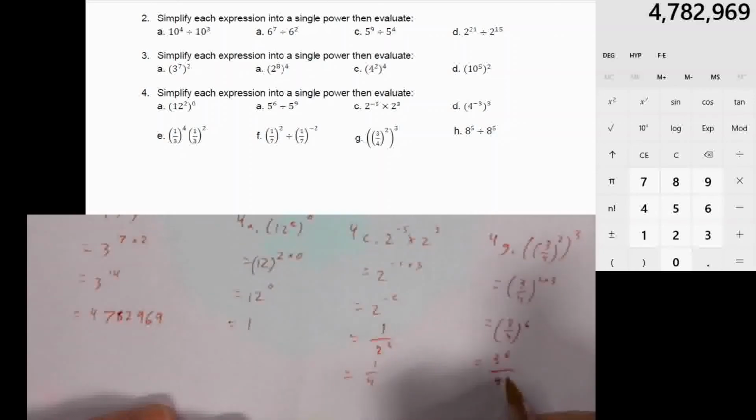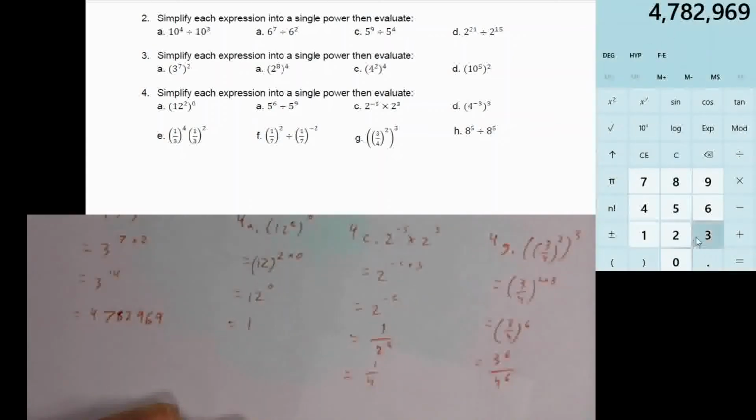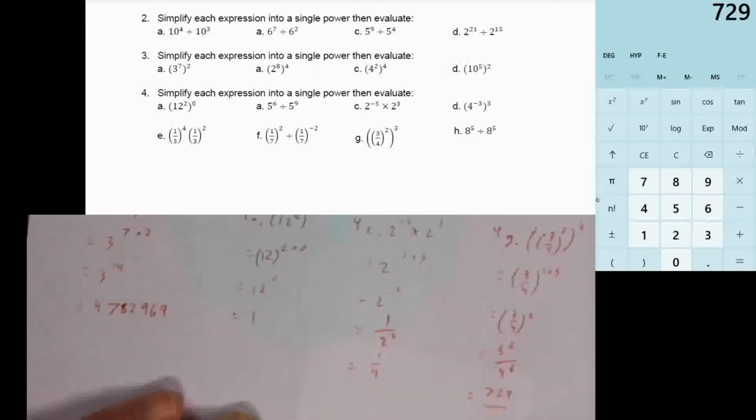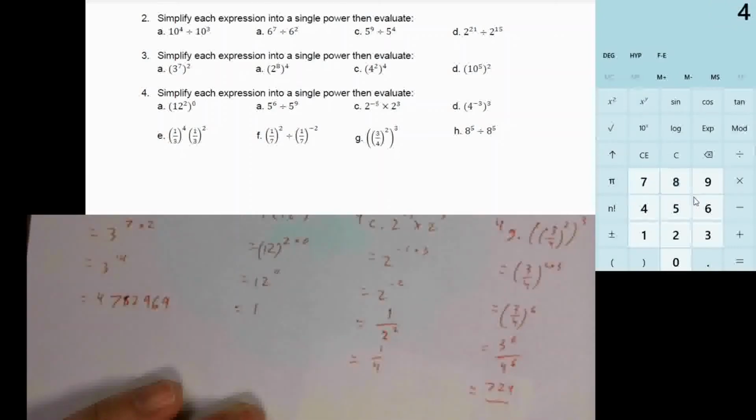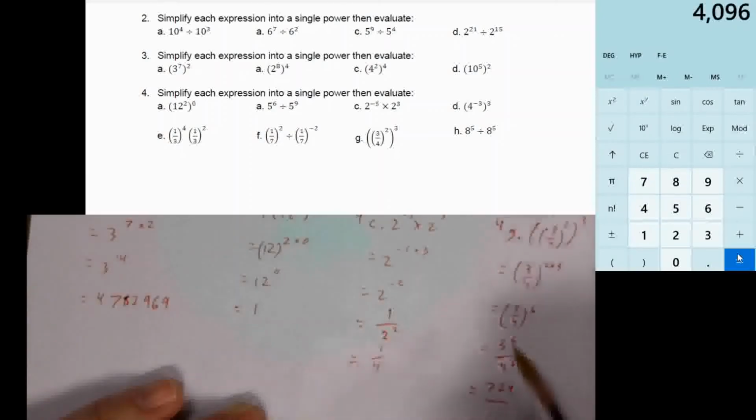So 3 to the power of 6 over 4 to the power of 6. And I'll need to calculate these. 3 to the power of 6 is 729, whereas 4 to the power of 6 is 4,096.